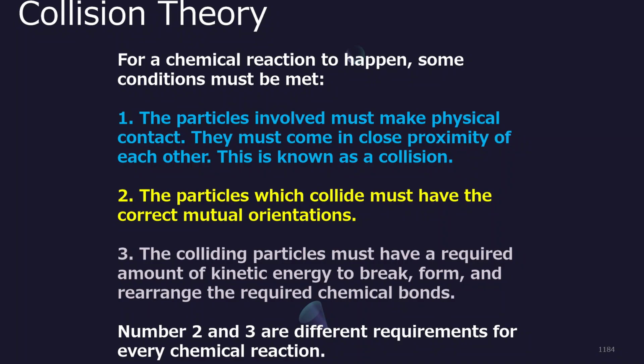And when we say close proximity, we mean really, really close. It's kind of hard to exactly define where an atom begins and ends because of electron clouds being just probability based. But they need to come so close together that their nuclei and electrons start to have very strong forces with each other. We would call it coming in contact. Second, the particles which collide must have the correct mutual orientations.